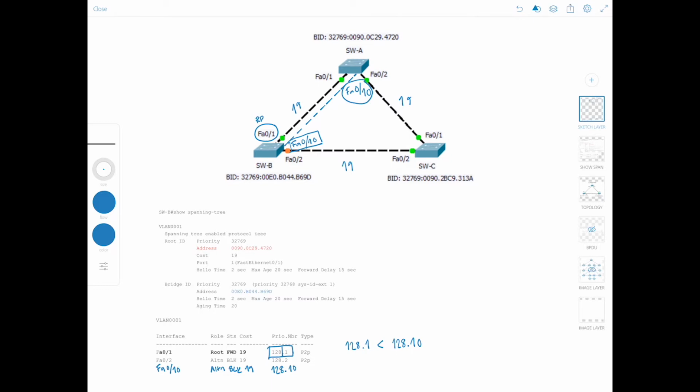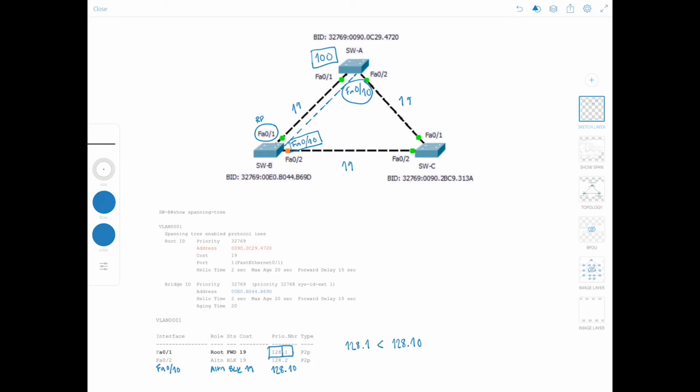So if you only consider the cost the upstream switch advertised without adding your local cost, you could have a 1 gig link and a T1 link considered equal. So let's say switch A wasn't a root switch anymore, so it was advertising some cost towards switch B, let's say 100.